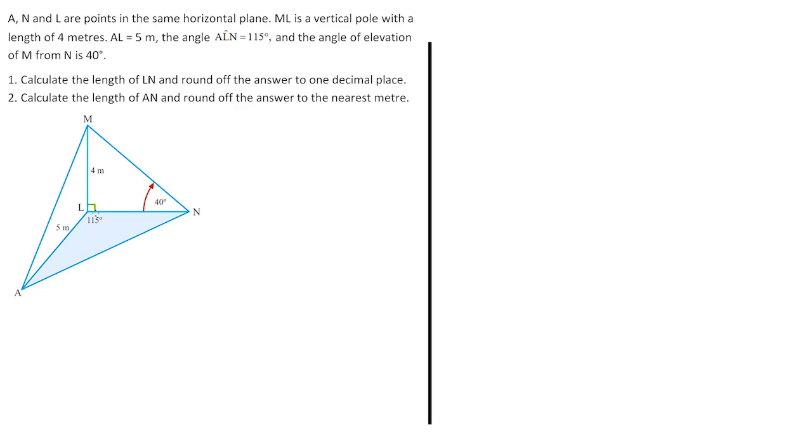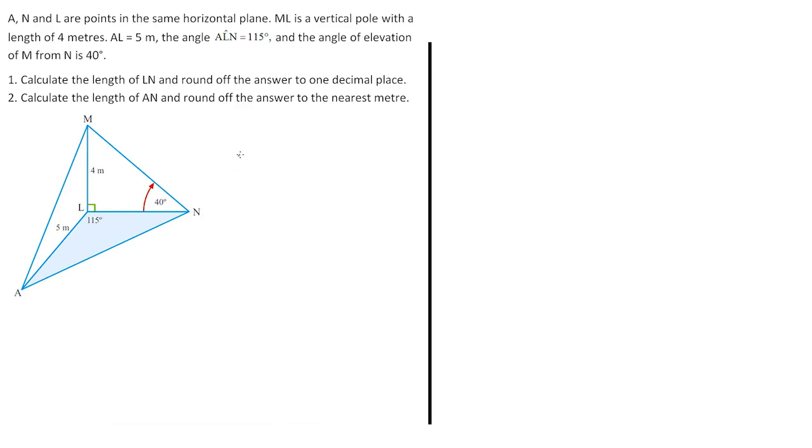LN is a common side. It is common to triangle ALN, which is non-right angled, but it is also common to triangle MLN, which is a right-angled triangle. In order to solve LN, we will then consider looking at the right-angled triangle.